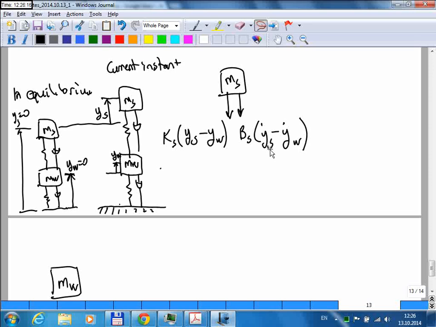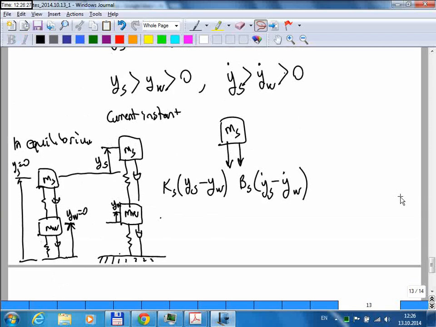So the forces don't need to be in equilibrium. Obviously there should be the gravitational force here, which I didn't include. But that gravitational force is taken care of by the equilibrium deflections of the springs. Normally this has a weight, and this has a weight, and these weights cause the equilibrium deflections here.